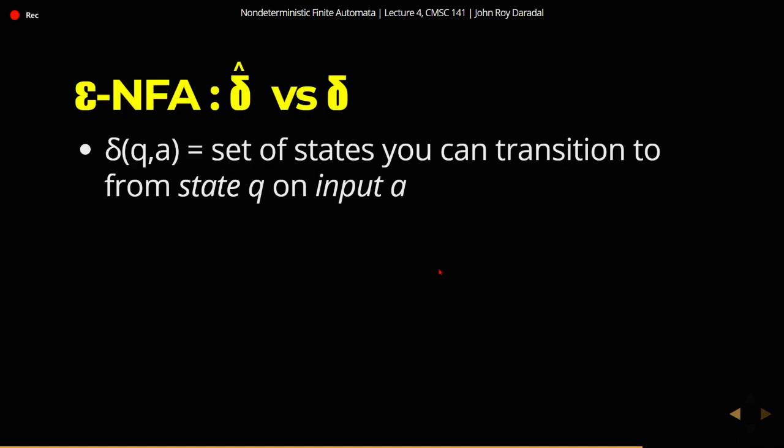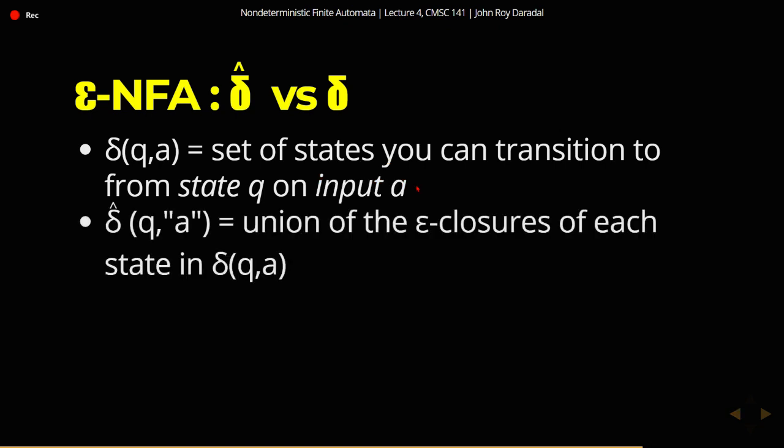So that's the difference. In the normal transition function, delta of Q, A is just the set of states that you can transition to from state Q on input A. It's a set of states.